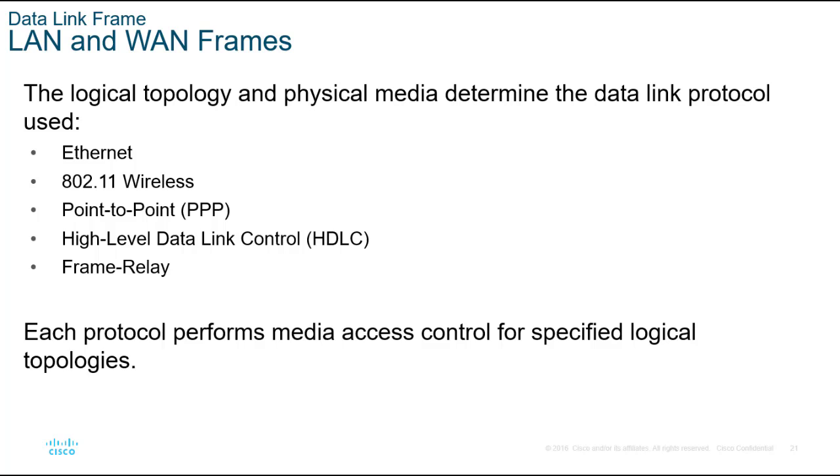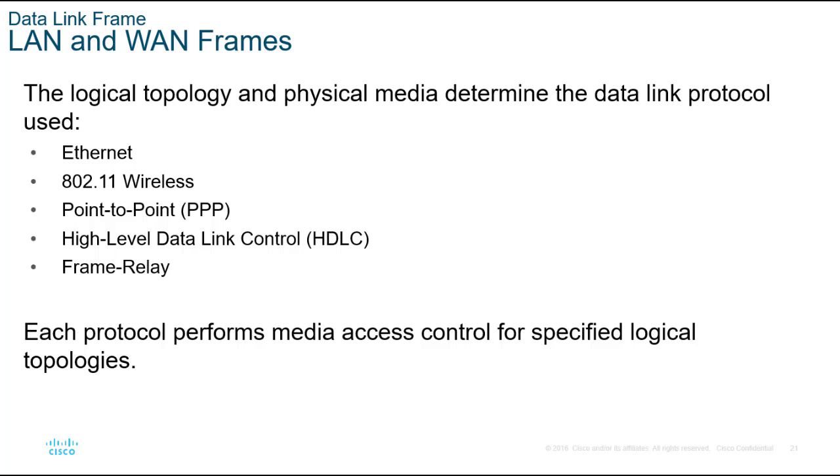WANs, on the other hand, use point-to-point, hub-spoke, and full mesh topologies, which call for different types of protocols, such as point-to-point protocol, or PPP, high-level data link control, HDLC, frame relay, and asynchronous transfer mode, or ATM. These Layer 2 protocols are now being replaced in the WAN by Ethernet.